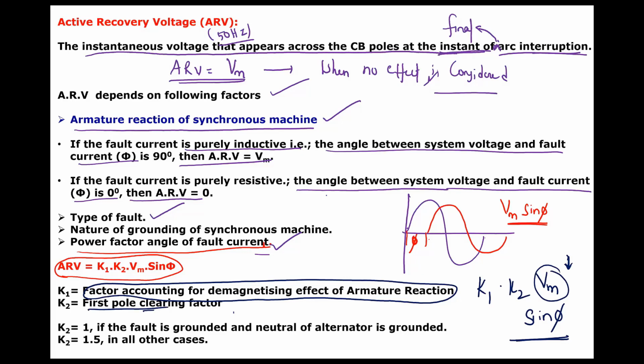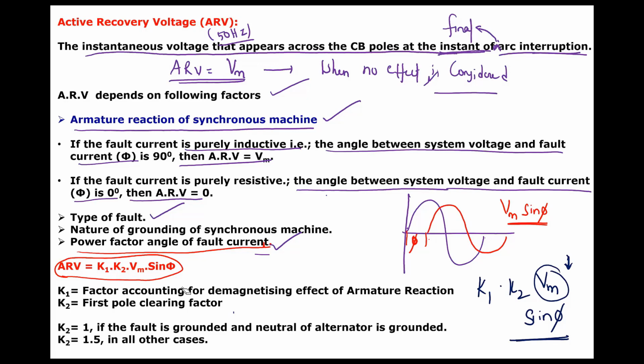Whereas K2 is the first pole clearing factor. What does this first pole clearing factor mean? Just to remember, we assume that when the circuit breaker opens, all three moving contacts and fixed contacts respond equally. But it is a man-made device, so all three contacts will not have equal response.